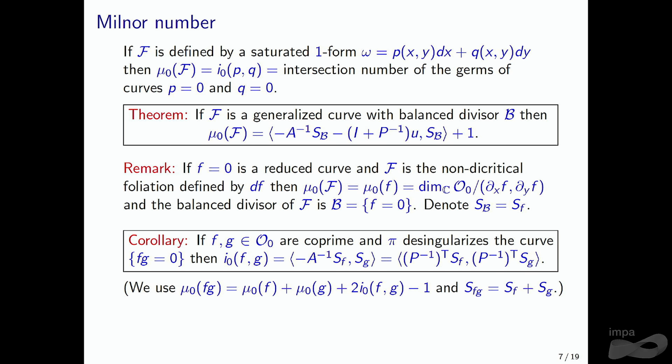As a corollary, we obtain that the intersection number of two curves can be expressed as this pairing using either the intersection matrix A or the proximity matrix P applied to the two sides of the scalar product here with the vectors S_F and S_G. Here we use the well-known formula of the Milnor number of a product and the fact that the vector of a product is the sum of vectors.